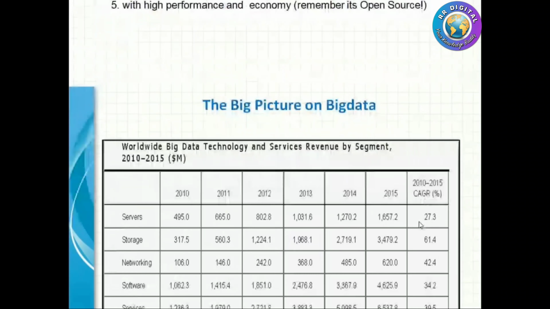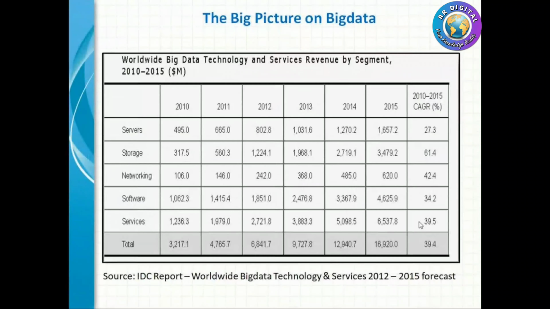And coming to the next slide, which technology has more growth? If you see here, servers, overall growth between 2010 to 2015, any kind of server, be it Apache Tomcat or Java server, whatever, 27.3%. And storage, data storage, 61.4%.